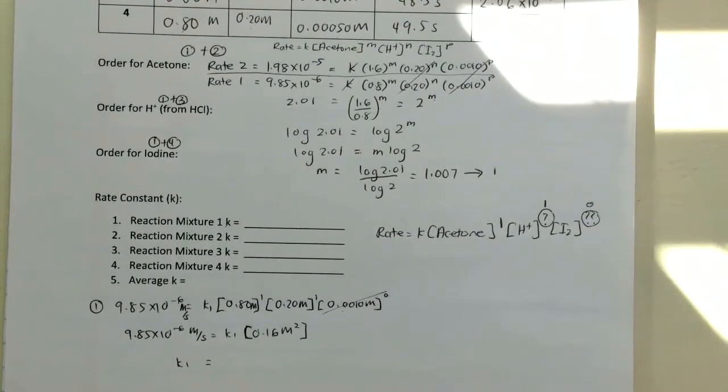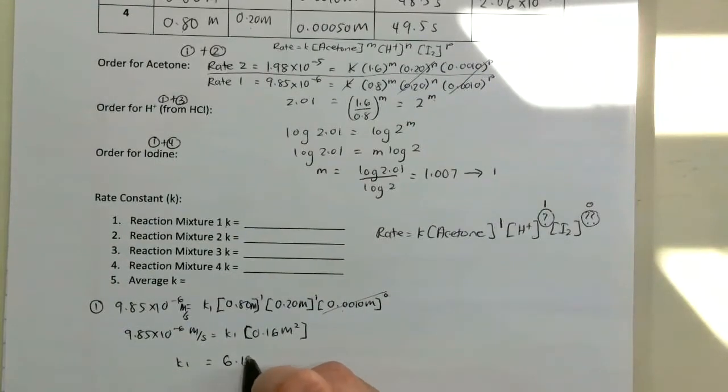Obviously, your numbers will be different, so make sure you're checking your work and writing down the correct numbers. I got 6.15, so it's really 6.2 times 10 to the minus 5.